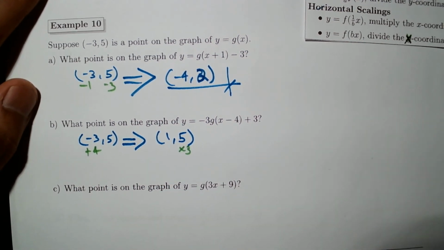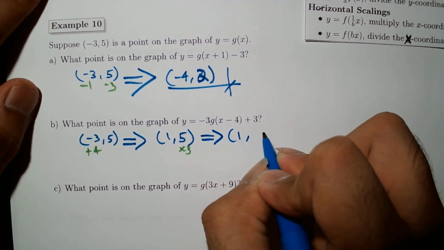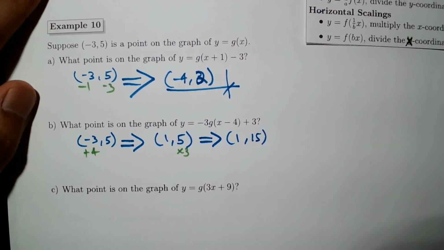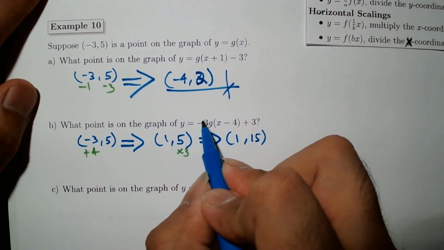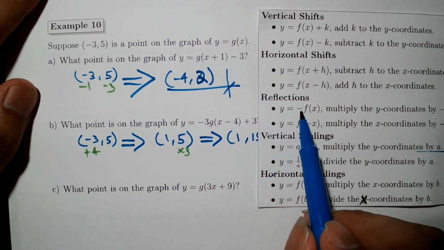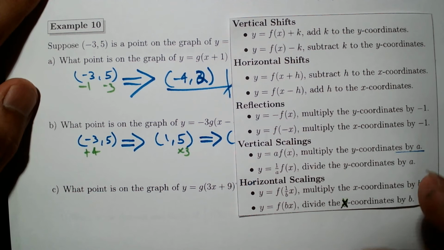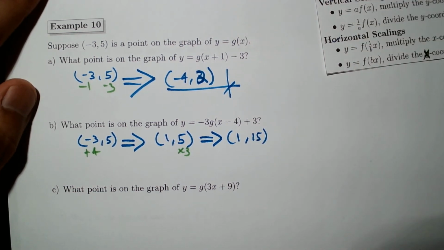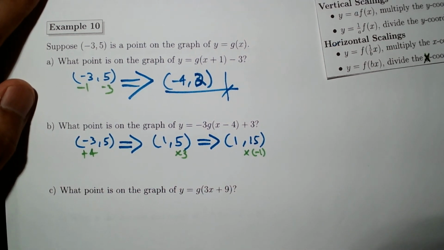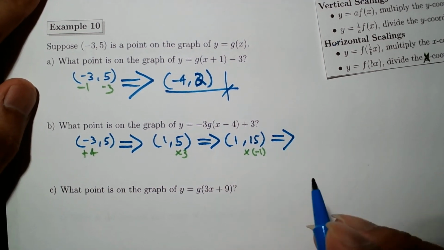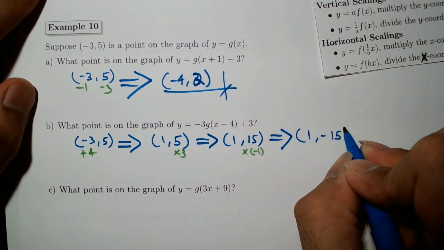That's going to give us (1, 15). Then look at this negative sign in front of it. It's going to ask us to multiply the y coordinate by -1. That's going to give us (1, -15).